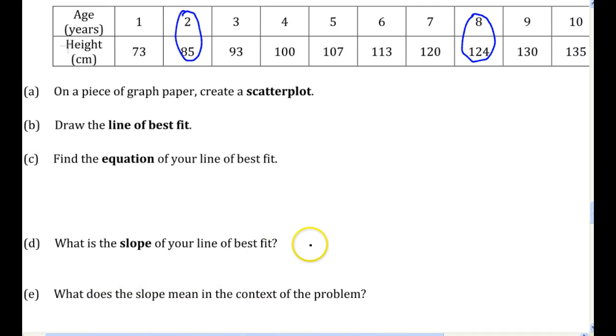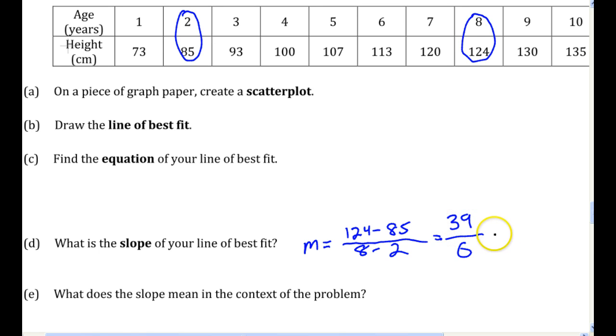All right, so that's going to be slope equals 124 minus 85 over 8 minus 2. And bottom's going to be 6. And top's going to be 39. And 39 over 6 is 6.5. So slope of 6.5.